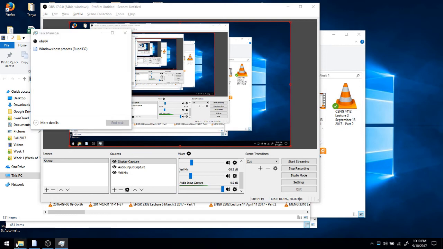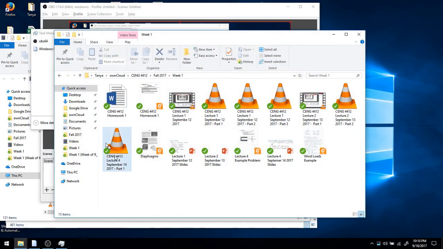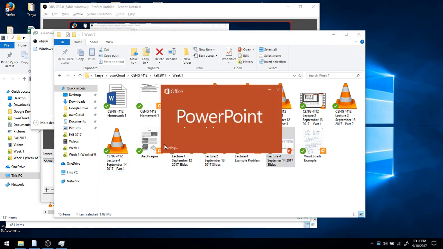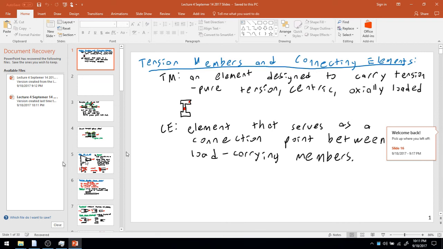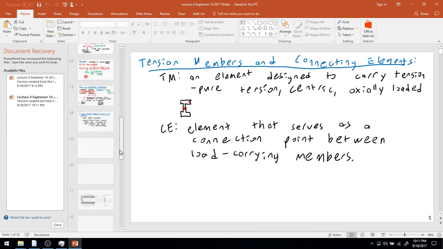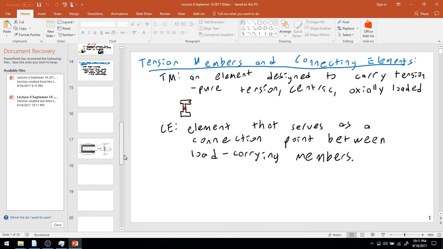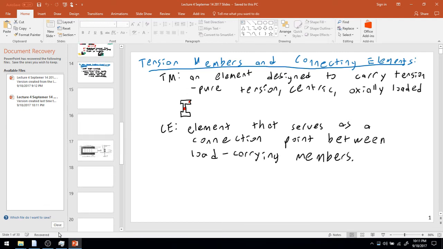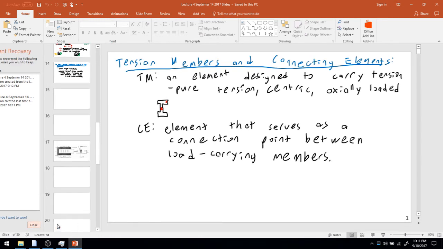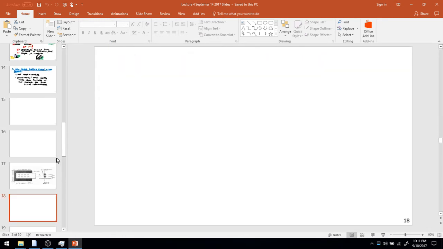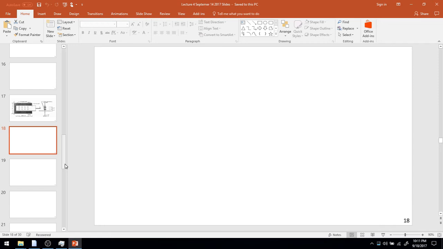I may have lost those notes, but it's still recorded, so it's all good. This is not my first take on this, but let's just keep moving forward. Nope, I seem to have lost those notes, but we got it recorded, so we'll just keep trucking on. Okay, thankfully we got it recorded, so we don't need to repeat that.